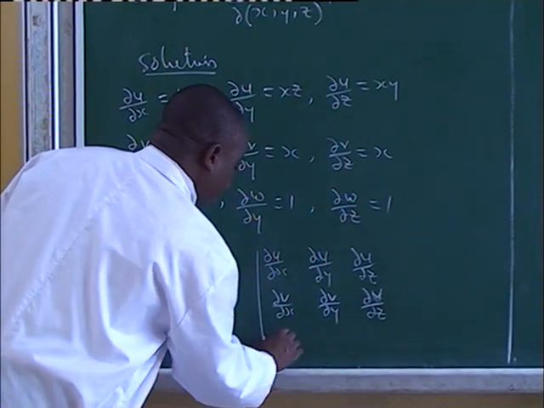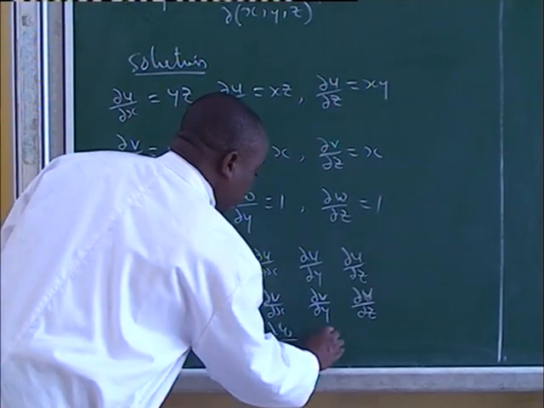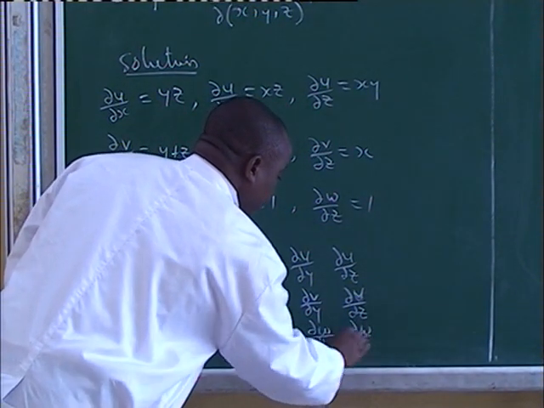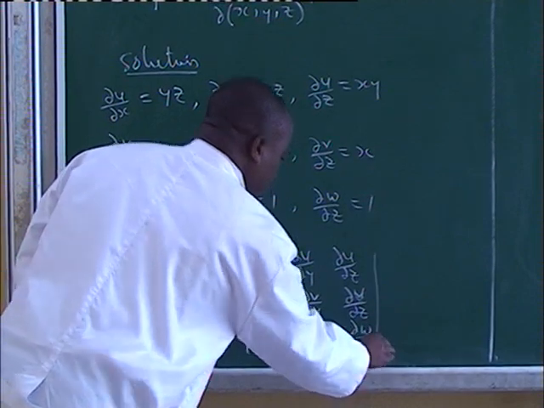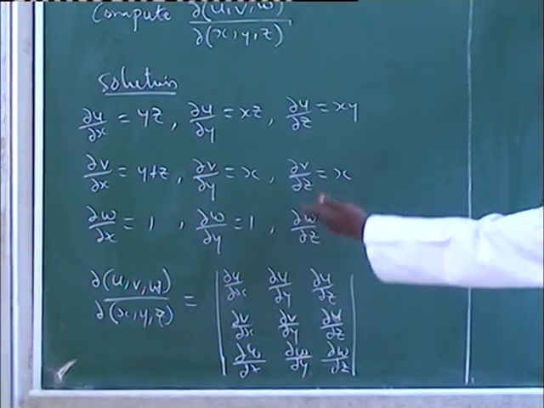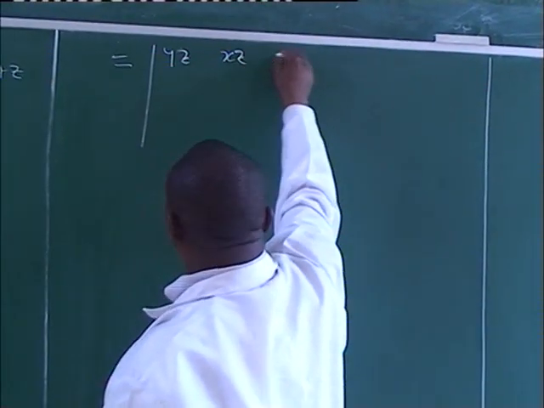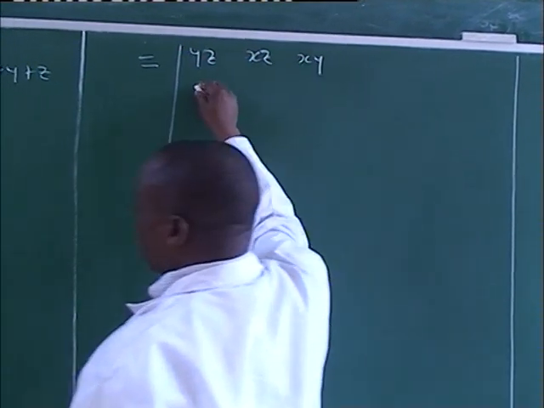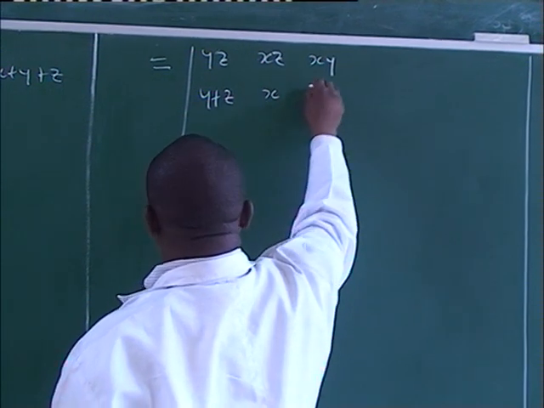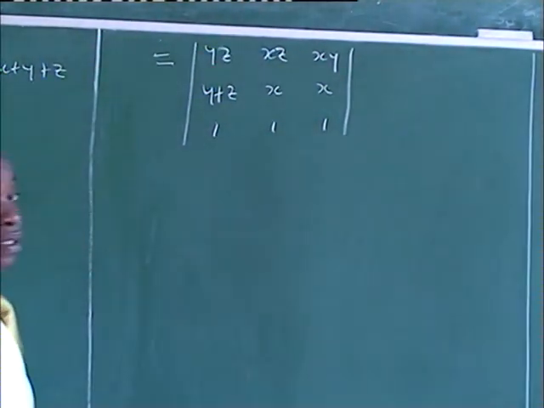We also have partial w, partial x, partial w, partial y, partial w, partial z. The determinant of this, once we fix those values, will give us x, y, then y plus z, then x, then 1, 1, 1.